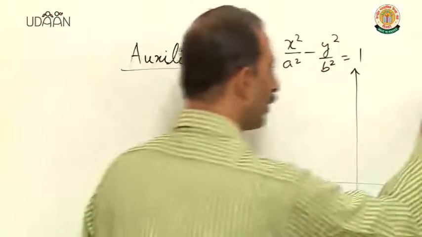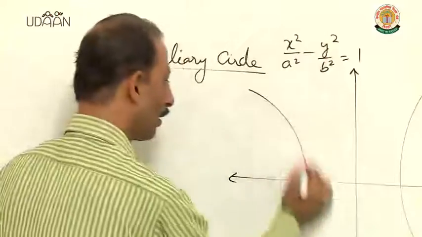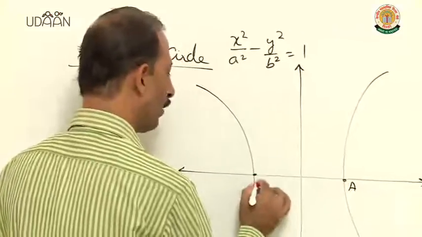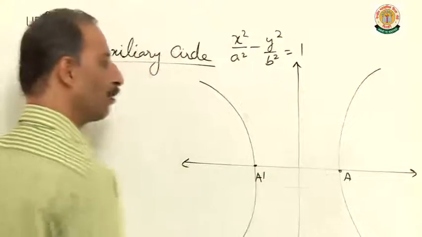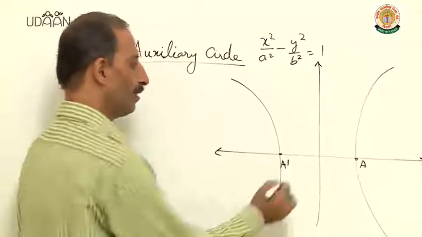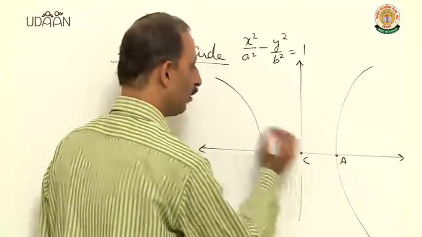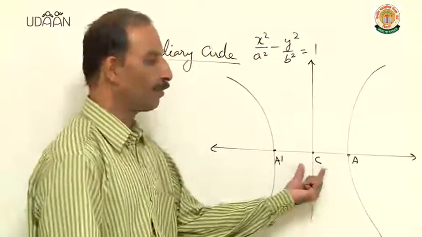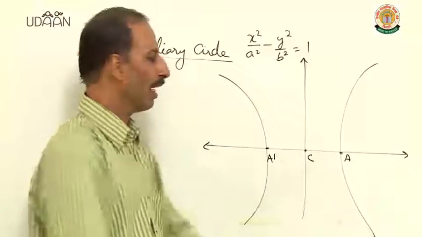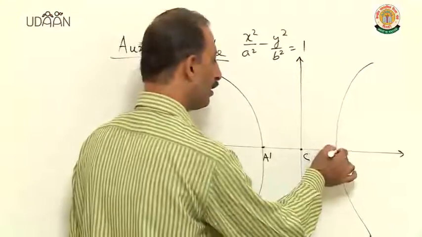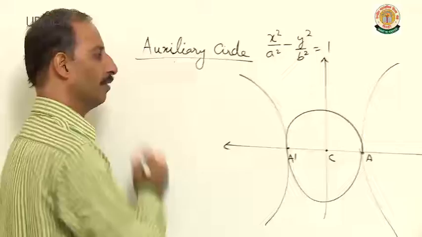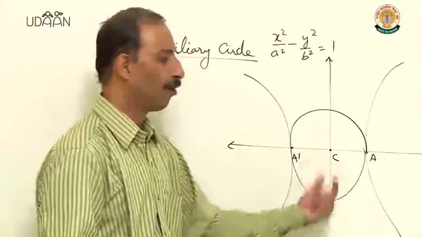Its shape you will get like this, and these points A and A dash are known as the vertices, and this length is known as the length of the transverse axis. If I take this center C of the hyperbola as the center of a circle and the transverse axis as a diameter, and draw a circle, this circle is known as the auxiliary circle.